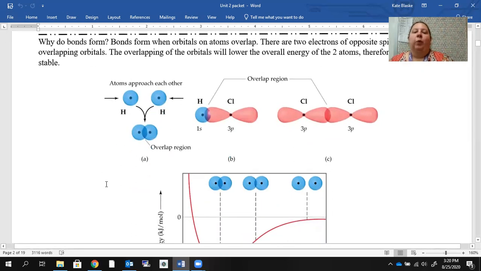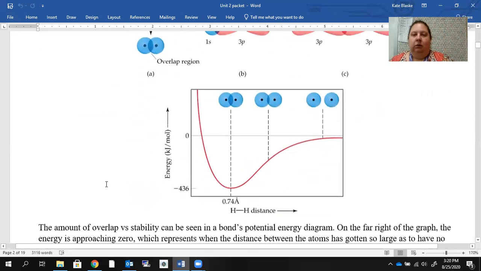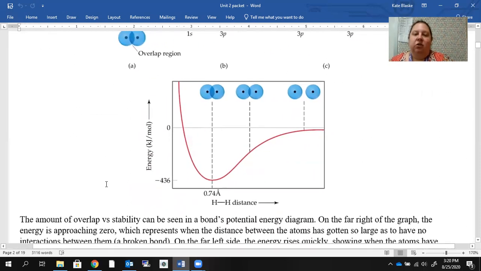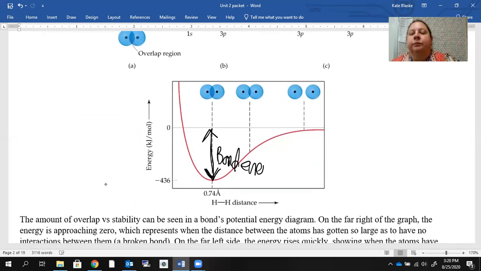Now, we can talk about this stability with what we call a potential energy graph. This graph looks sort of weird. It's a different shape than normal, but what we're seeing is that this vertical axis is our bond energy. And this distance along here, notice this is H-H distance, this is our bond length.